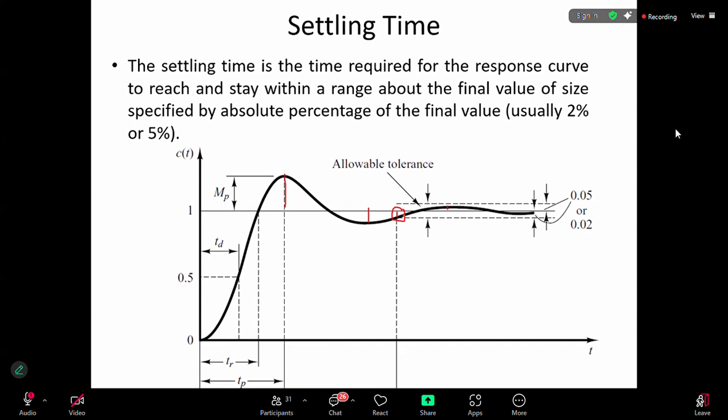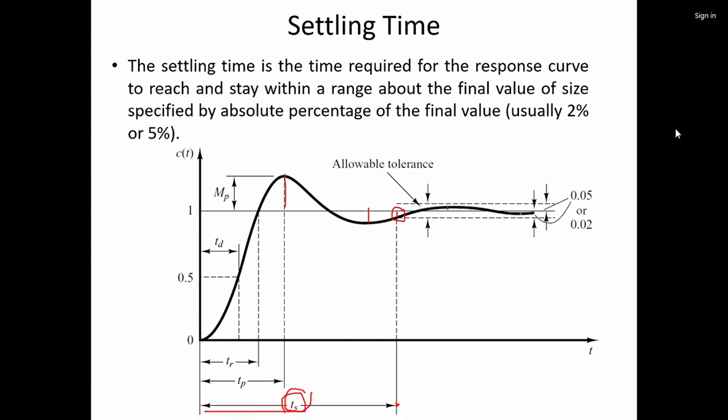Because after that, the deviations are never going to be more than 0.05 or 5% of the steady state value. Always after that, it is going to be less than 5% of the steady state value. So the time after which the output never exceeds 5% of the steady state value is known as the settling time.